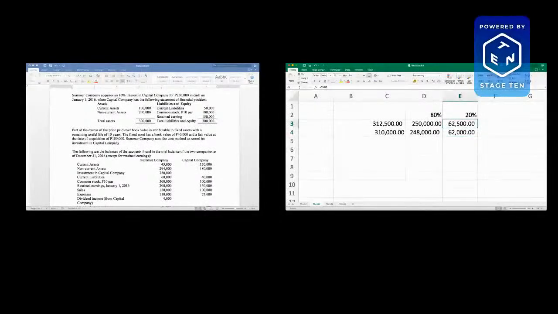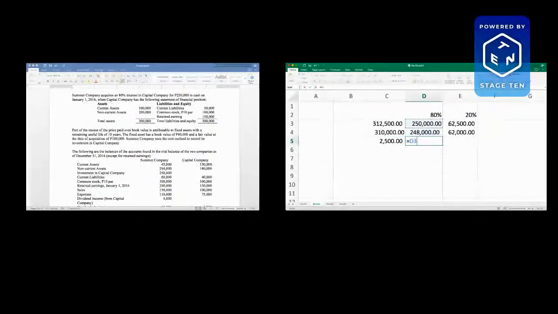But again, always check whether this amount is greater than the share of the non-controlling interest in the net assets of the subsidiary. Here, there's no problem, so there's no need to adjust the presumed fair value. With this, we can complete the rest of the table, class. That means the resulting goodwill from the combination is 2,500.